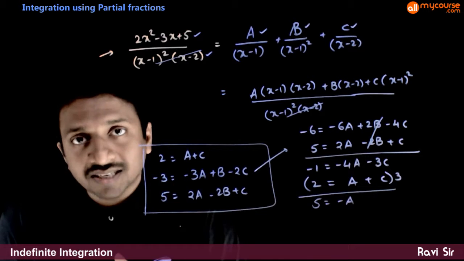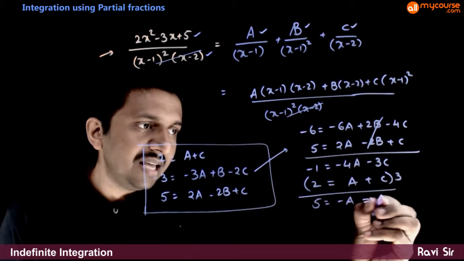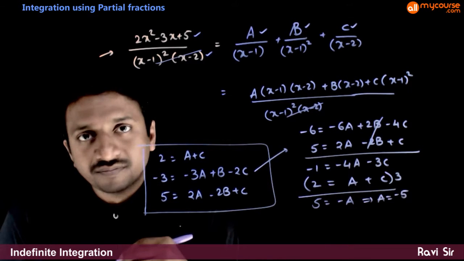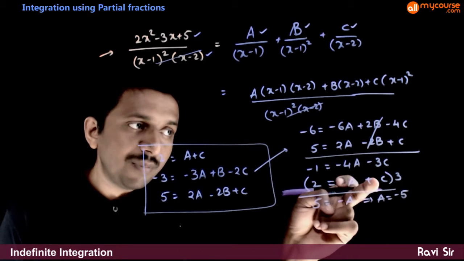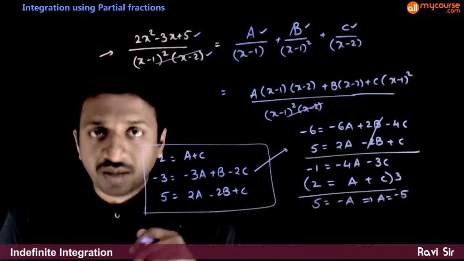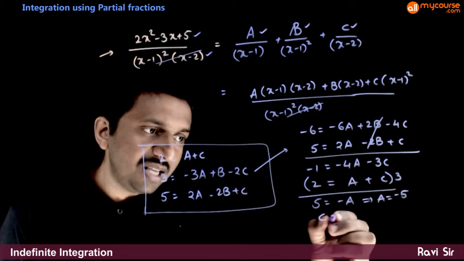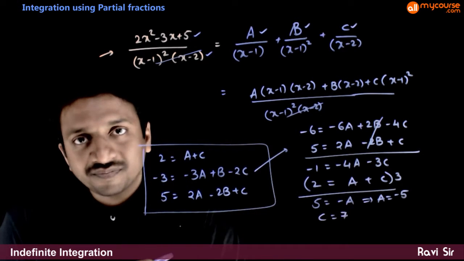Minus 3c plus 3c gets cancelled. This implies a is equal to minus 5. Next, if a is equal to minus 5, a plus c has to be equal to 2. So c is equal to 7.